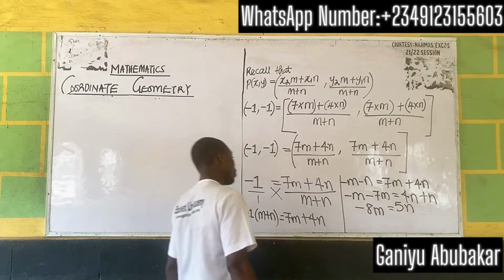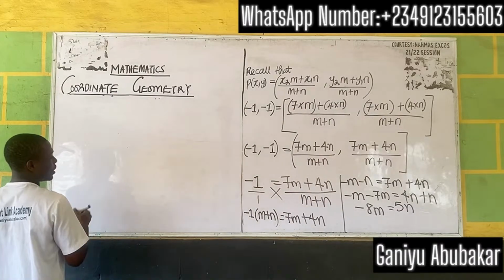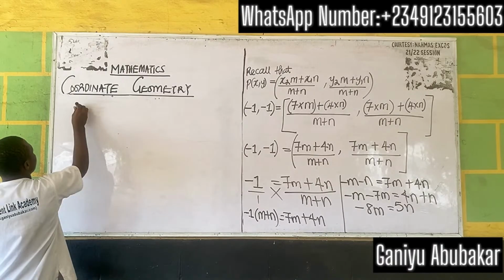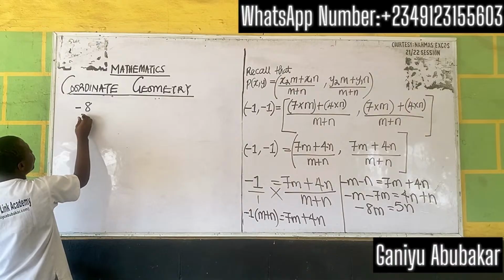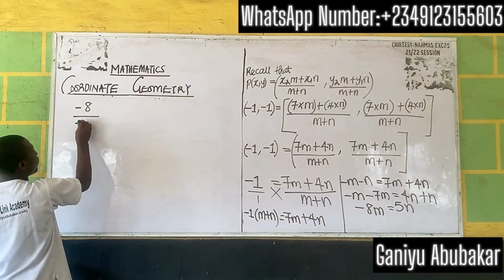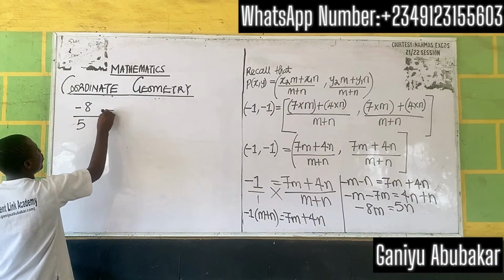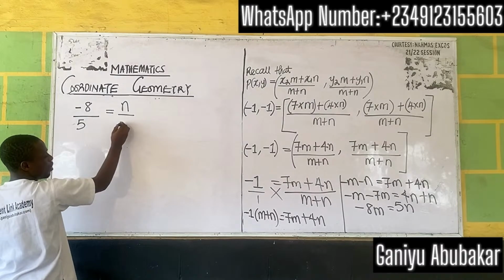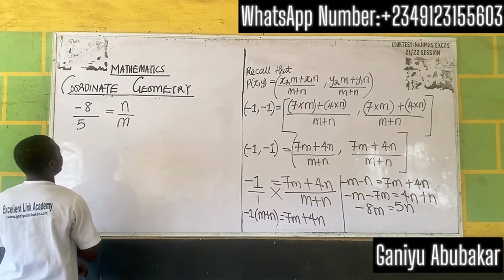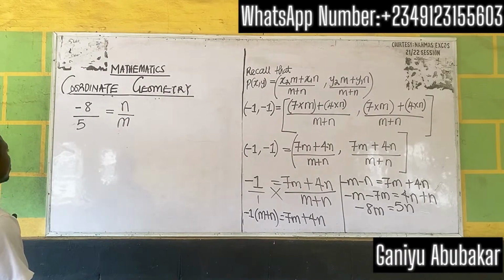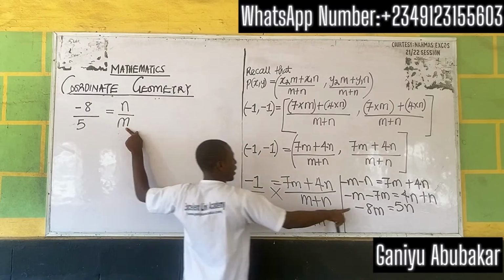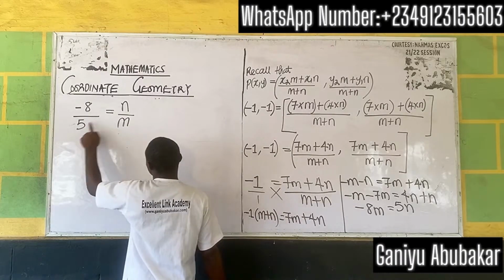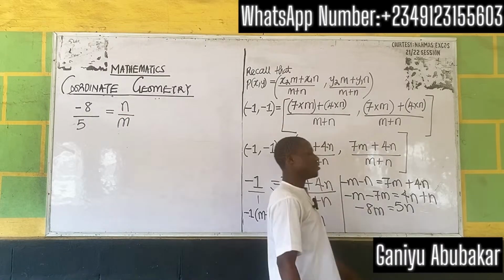Now look up, this can be written as -8 over 5 equals n over m, right? Yes, because observe, -8 times m gives you -8m, then 5 times n gives you 5n, right?